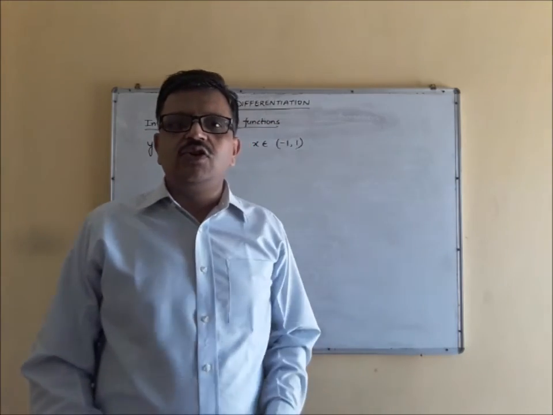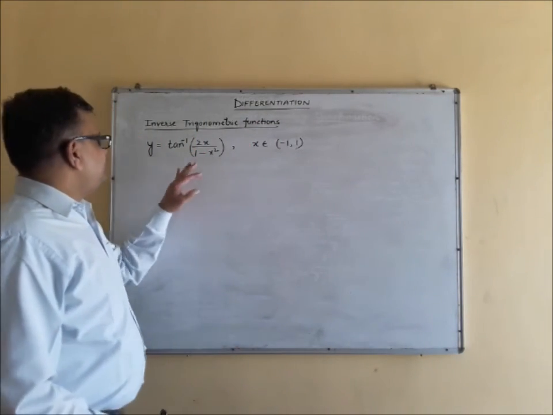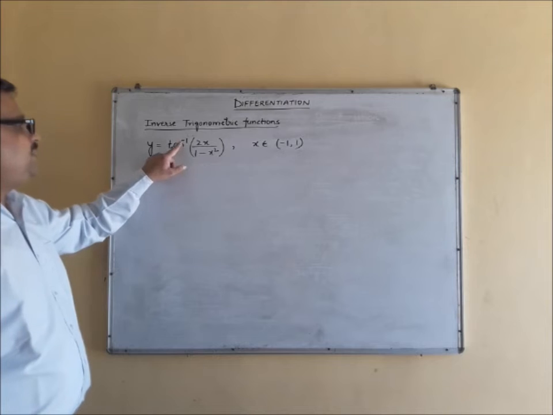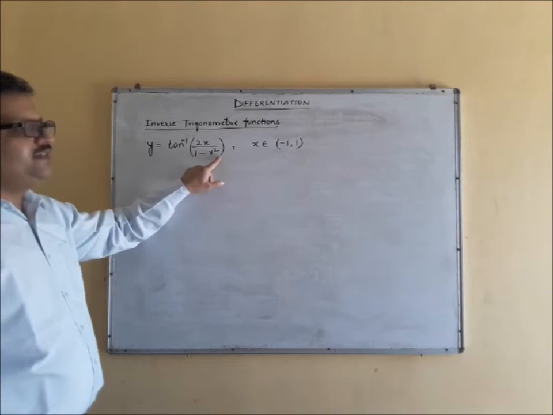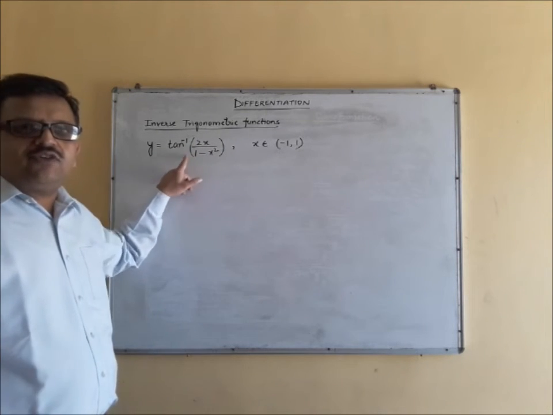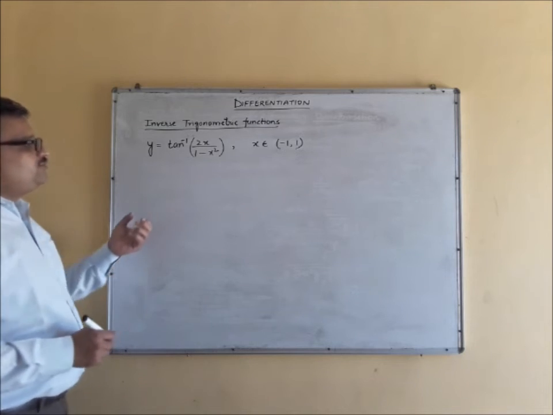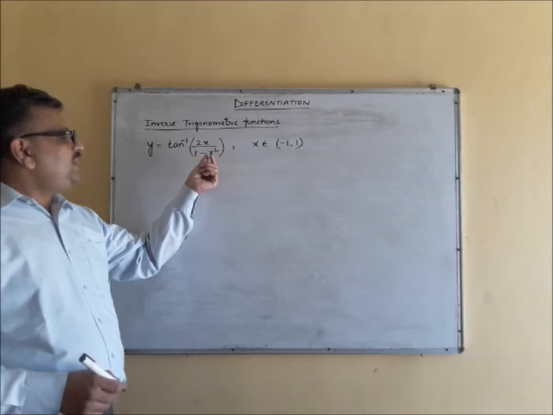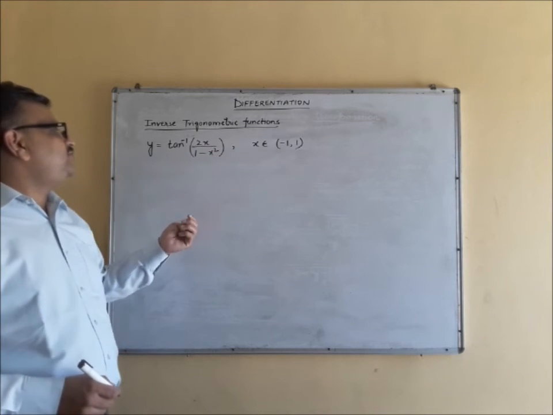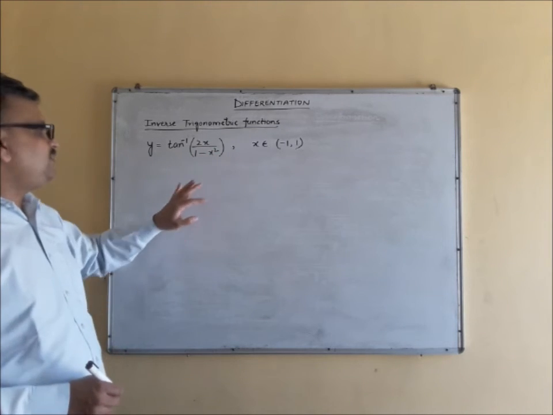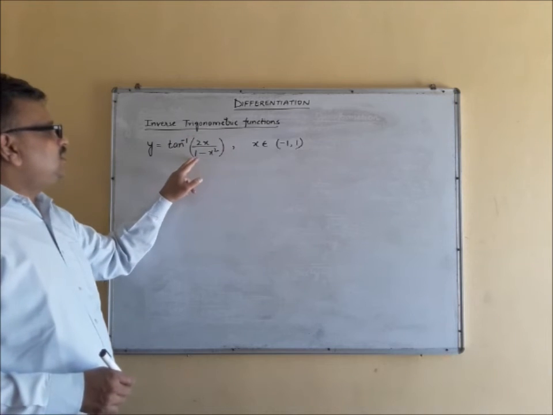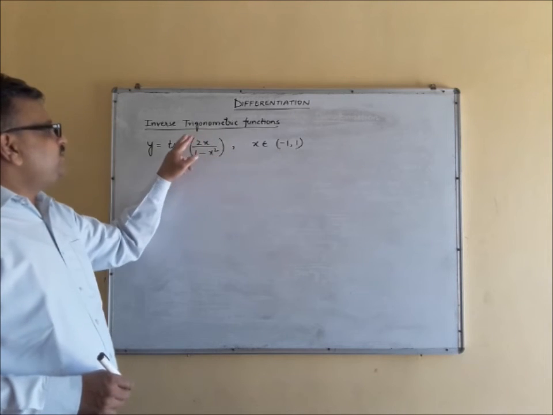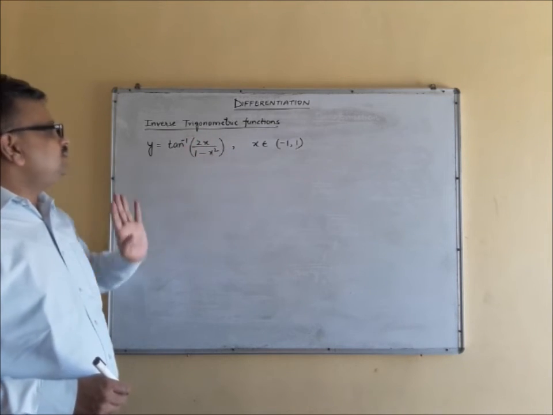Now children, let's solve one more question here. y equals tan inverse of 2x upon 1 minus x square, and we will find its derivative. Before finding its derivative, we have to simplify this function. So let's see what we should substitute here for x so that this function gets simplified and we get some value in terms of tan.